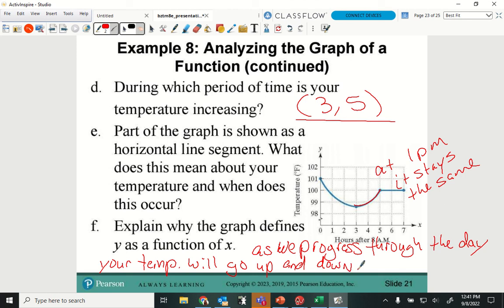So it is a function. As we progress through the day, your temperature goes up and down.